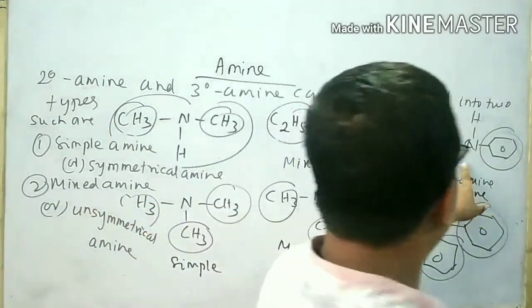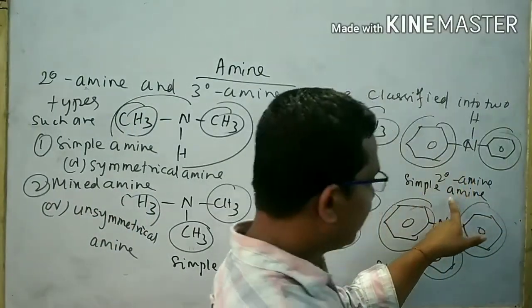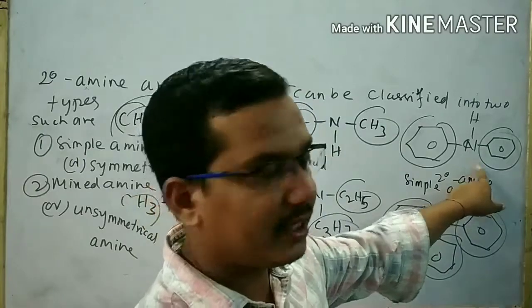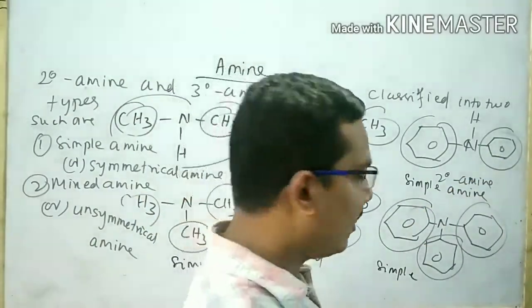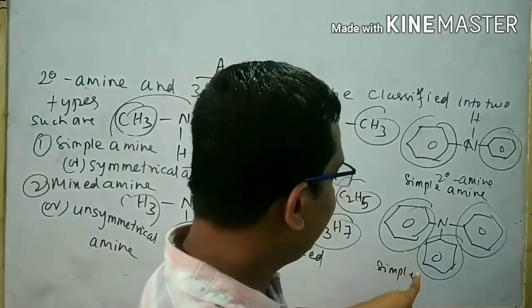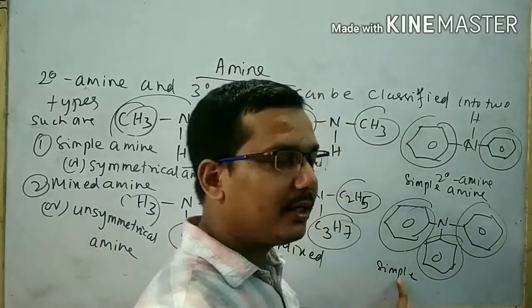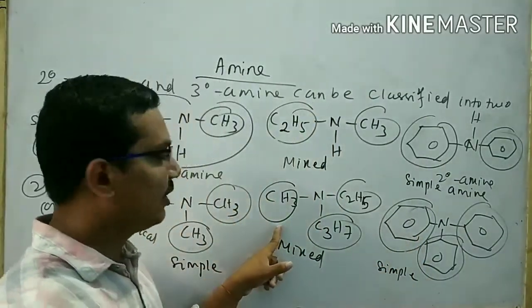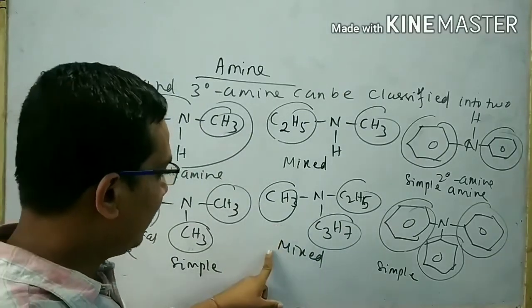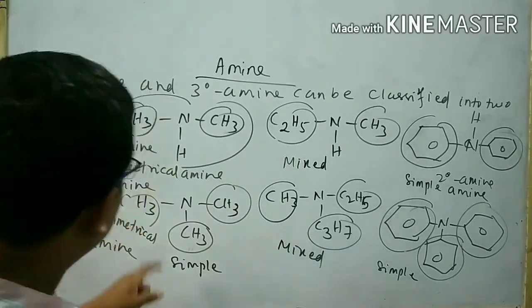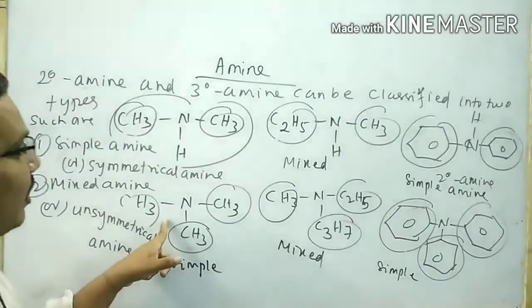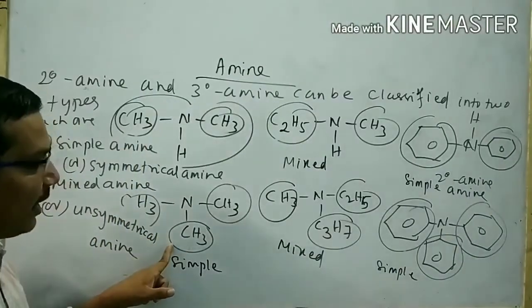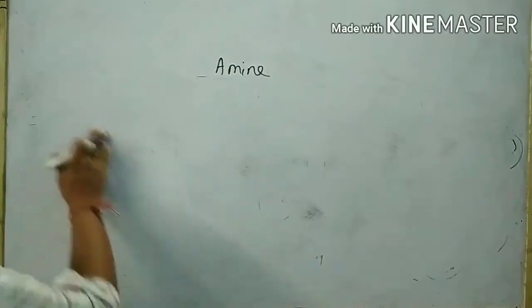This is said to be secondary amine, simple amine, aromatic amine, that is aryl amine. This is said to be simple amine, aromatic amine, tertiary amine. This is said to be aliphatic amine, tertiary amine, mixed amine. This is said to be aliphatic amine, tertiary amine, simple amine.